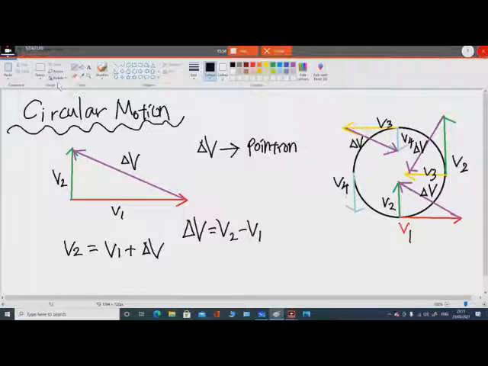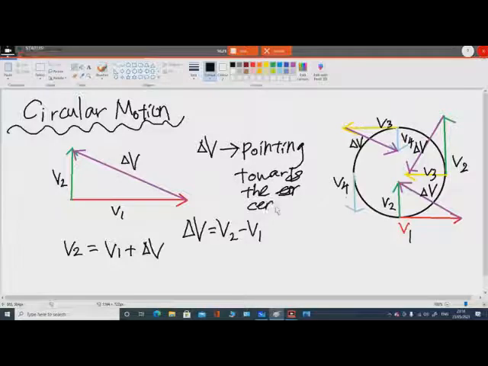Oops, I wrote it wrongly. Pointing towards the center of the circle.